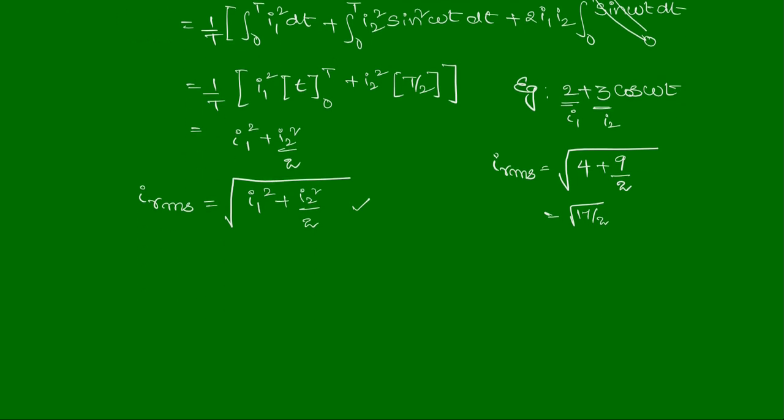By giving an equation they may ask, and they may ask you by giving one more kind of equation like this. Just look at this example. As these are alternating currents, there might be some phase difference between two different currents. By giving two different currents, they may ask you what the resultant current is. Just look at this.